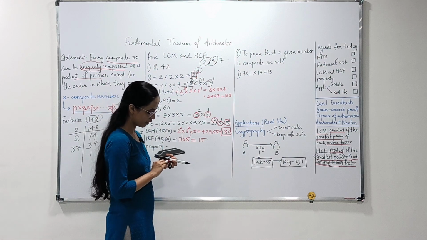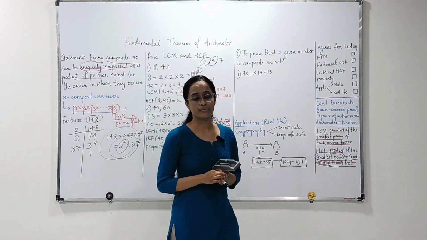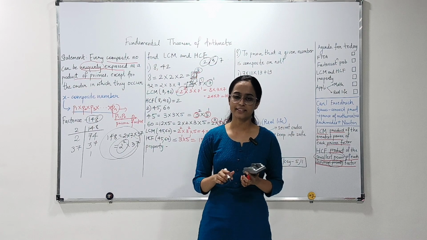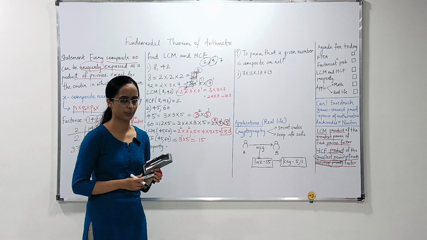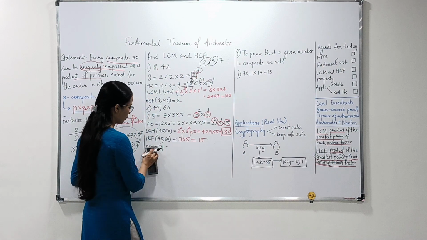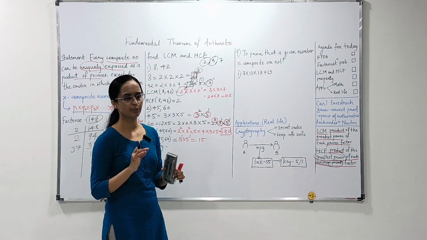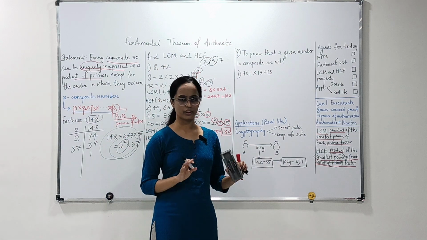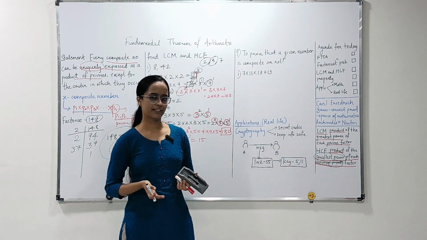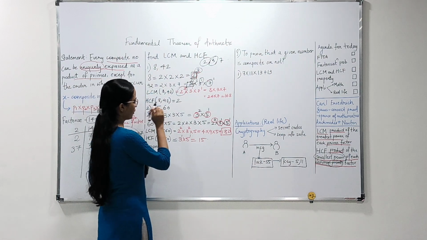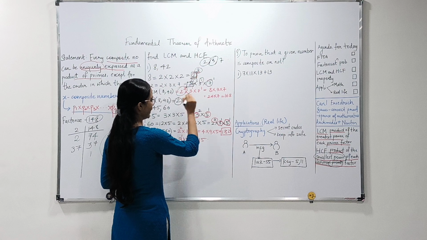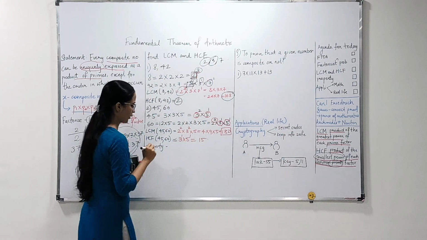Now students, we have learned how to calculate the HCF and LCM of two numbers using the prime factorization. I would want you all to make a quick observation so that we would come up to a very interesting property related to HCF and LCM. I would want you all to find the product of the LCM and HCF that we have got.